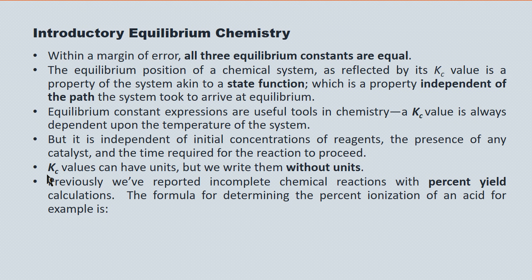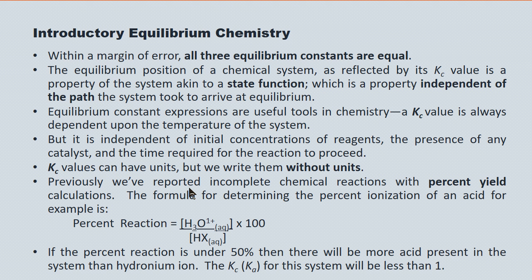To the extent we've looked at reactions before that were incomplete, we talked about percent yield calculations. And you may remember from grade 11, when we talked about percent ionization of an acid, we used this formula, that the percent reaction, or the percent yield of the ionization of an acid, was the concentration of hydronium ions over the initial concentration of the acid times 100.